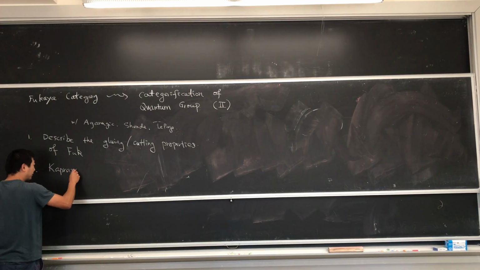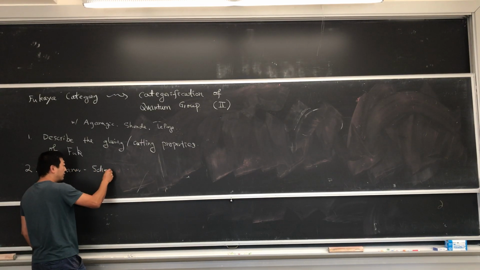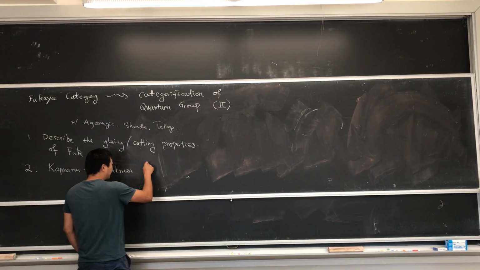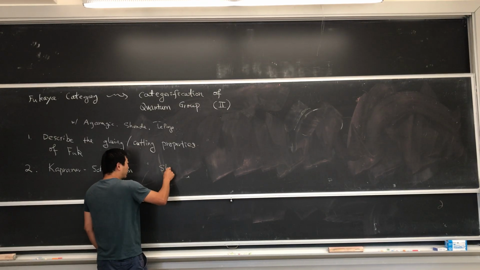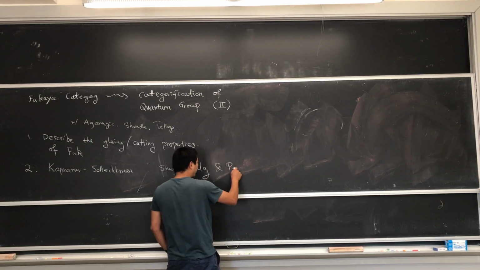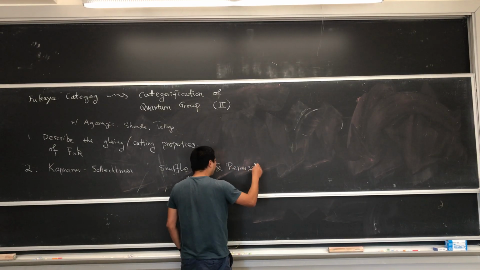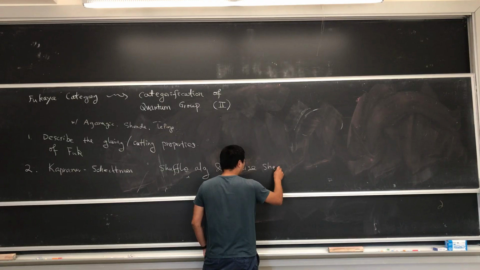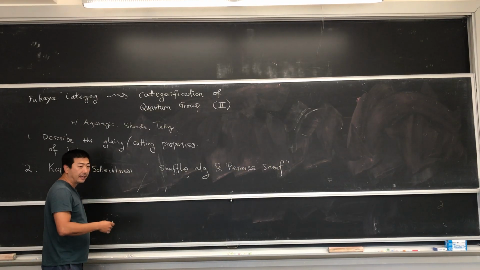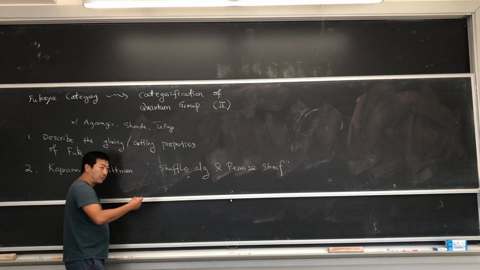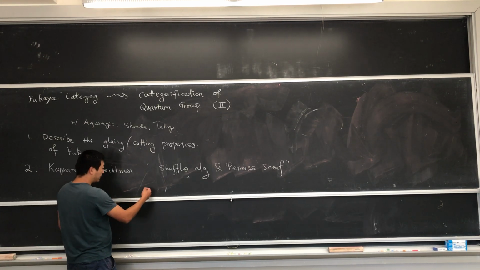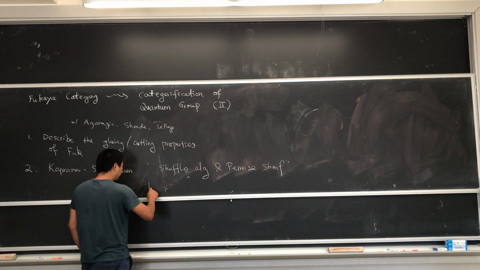Kapranov-Schechtman. They had a paper about shuffle algebra and perverse sheaf, which is a beautiful paper, where they proposed the notion of a factorizable perverse sheaf and how it's related to some Hopf algebra, the special kind of a Hopf algebra that's called a primitive bialgebra.